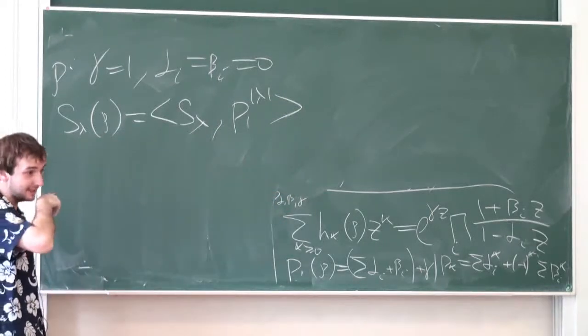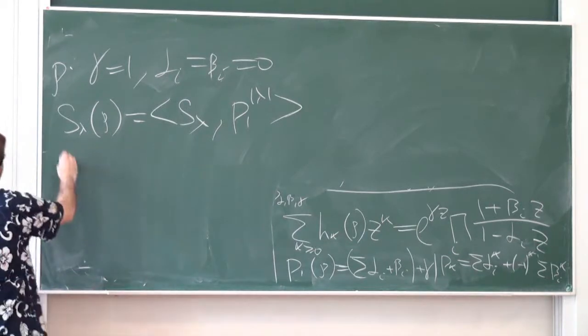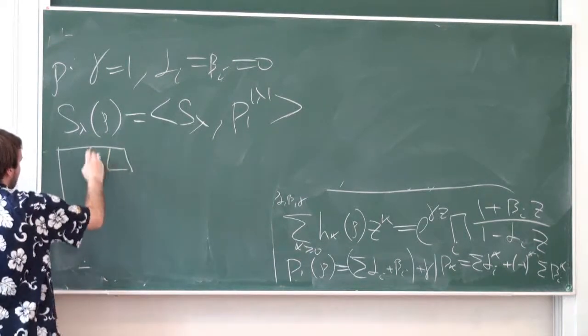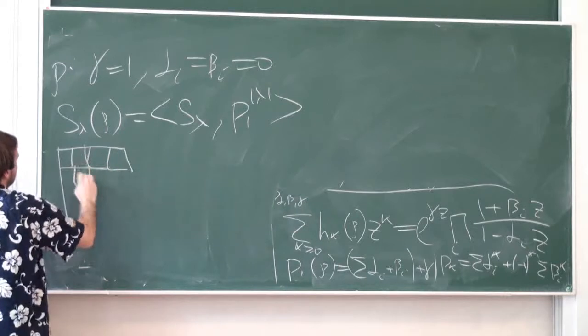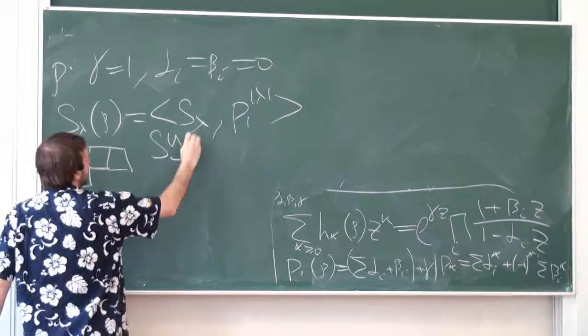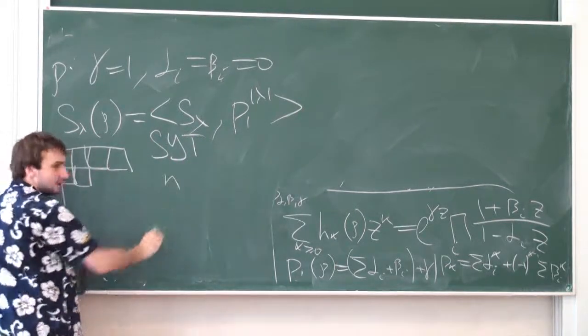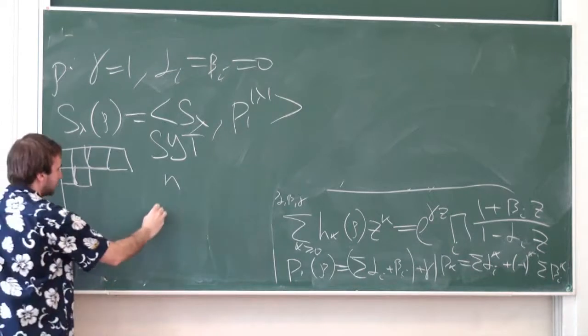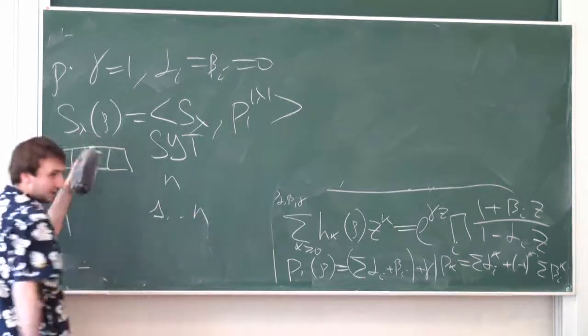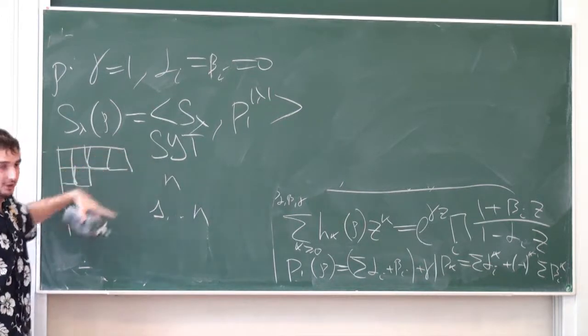This number again has a combinatorial interpretation, which is the following. Again, you have your Young diagram lambda. Now we will speak about standard Young tableaux. What does it mean? It means that now this Young diagram has n boxes, and we are filling it with numbers 1 to n. So all the numbers will be distinct. And again, we demand that they are increasing in rows and columns.